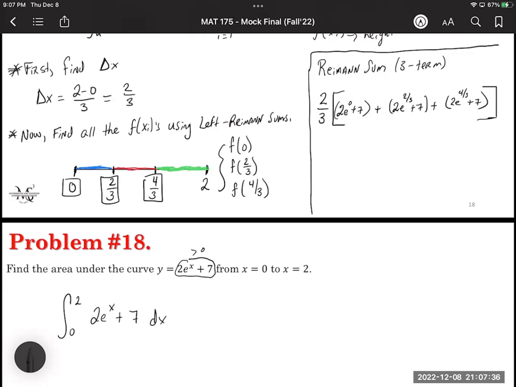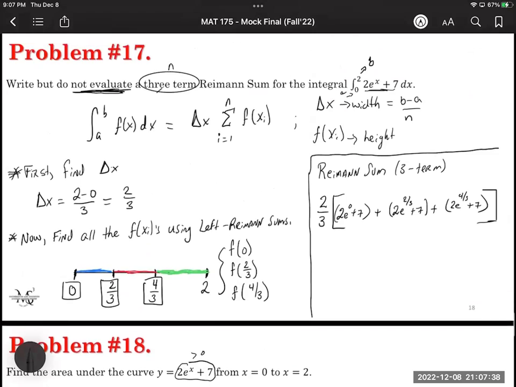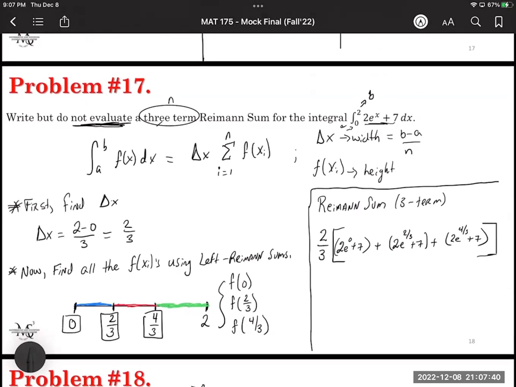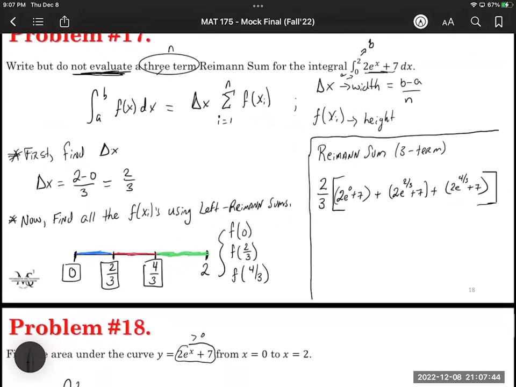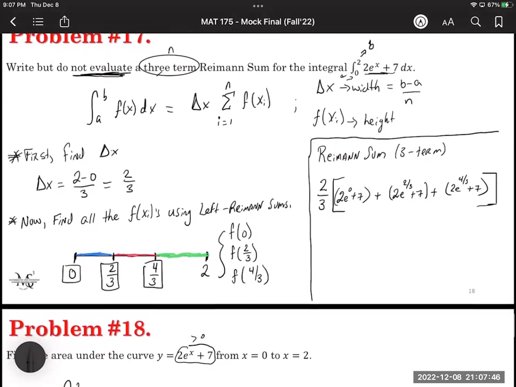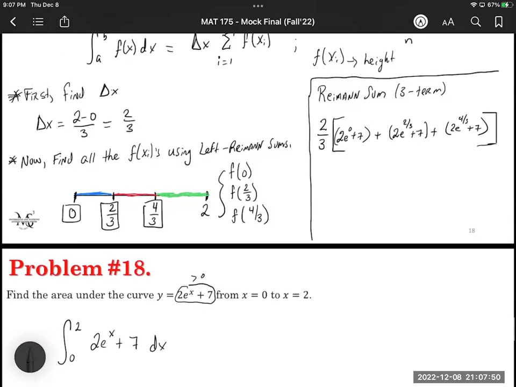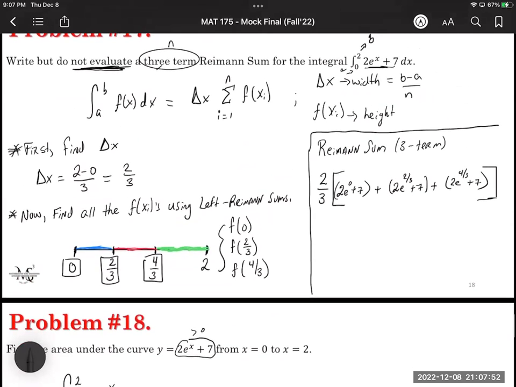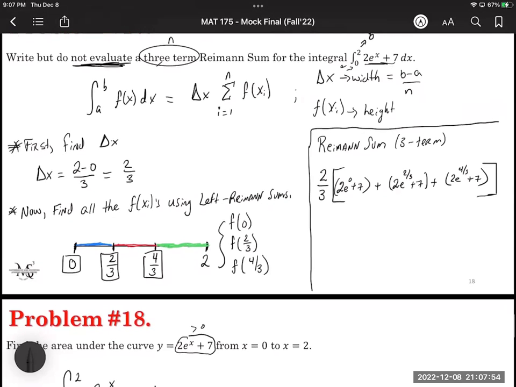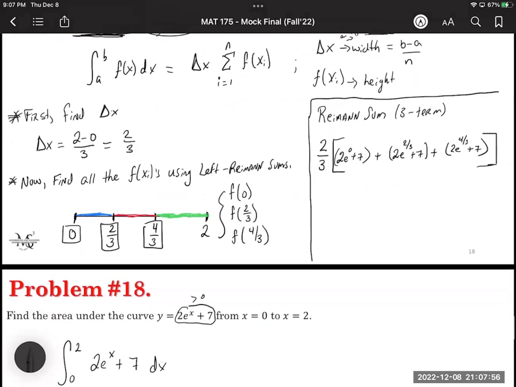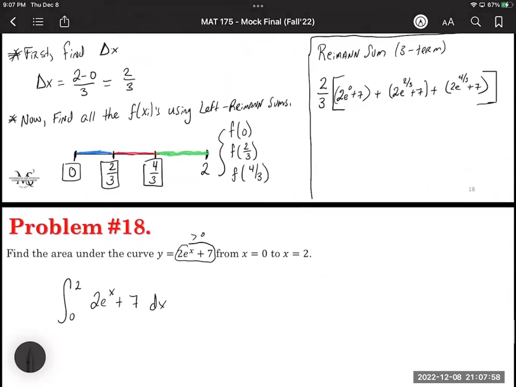If you ever have trouble setting up this integral, problem 17 gives you a clue. They're not going to be the same functions, by the way. I purposely did this, but if you ever had trouble setting up this integral for problem 18, just look back at problem 17. It gives you an integral. It shows you how to set up one. So that's just a little clue there.